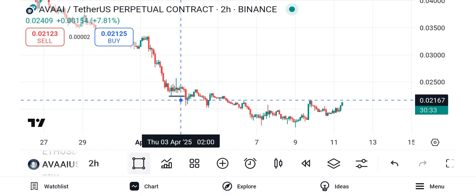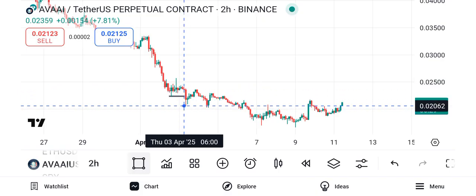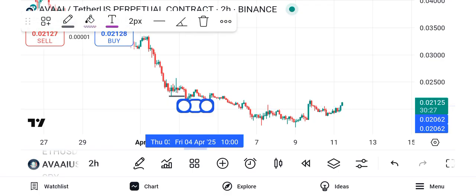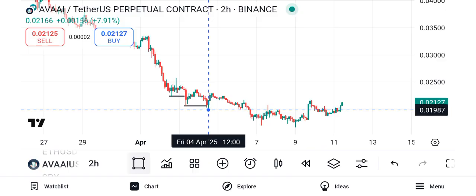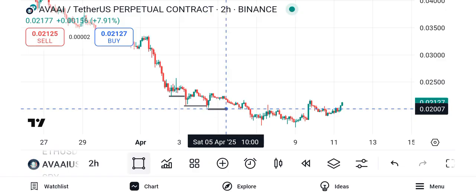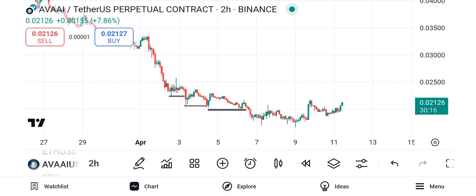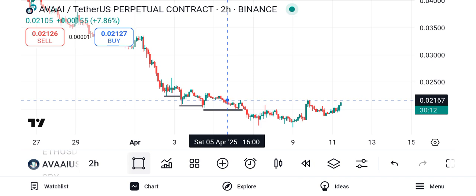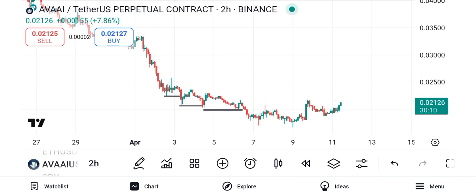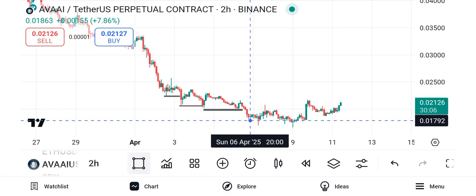This is lower highs, lower lows. This is another break of structure. This is another break of structure. This is another break of structure.